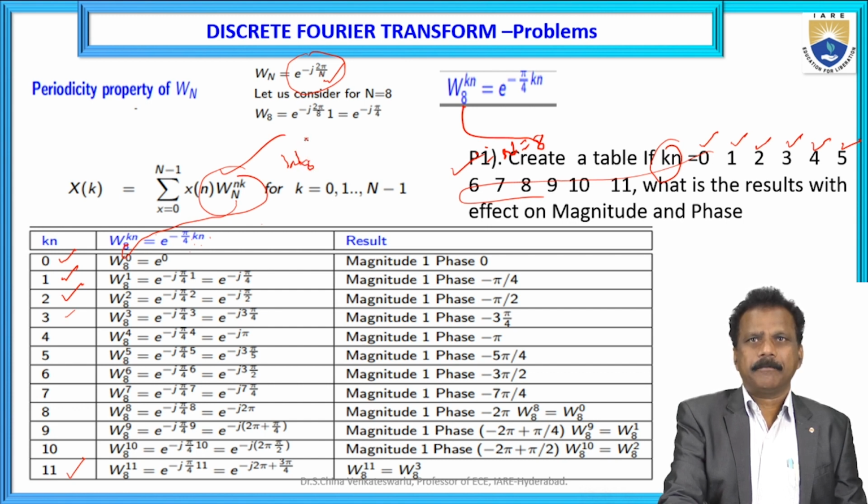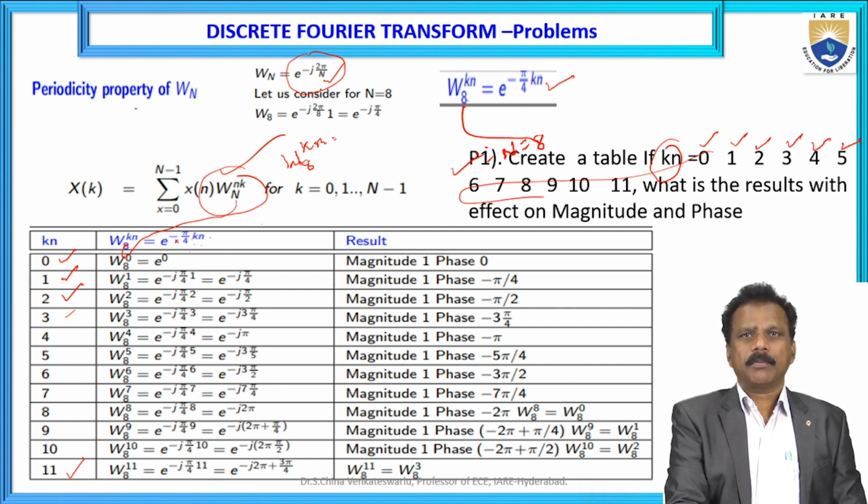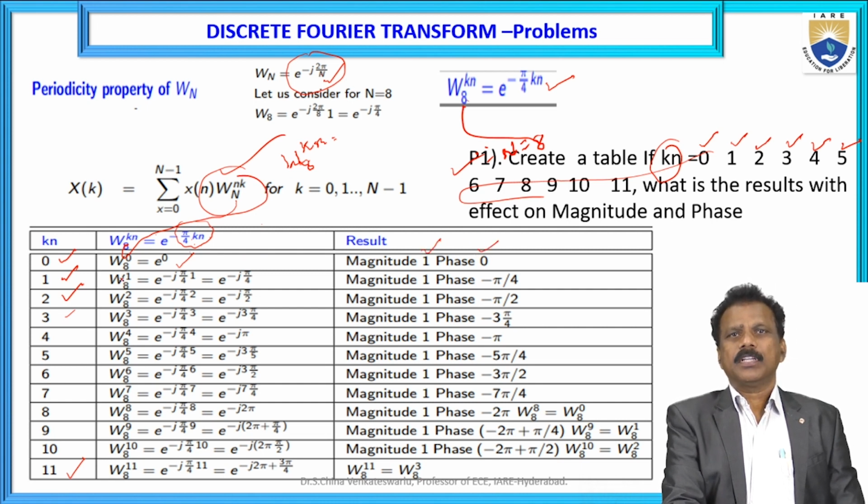Using this, W^(kn) is equal to e^(−jπ/4 · kn). For kn equal to 0, it is e^0, which we know is 1. So the magnitude is 1, the phase is 0, and so on.